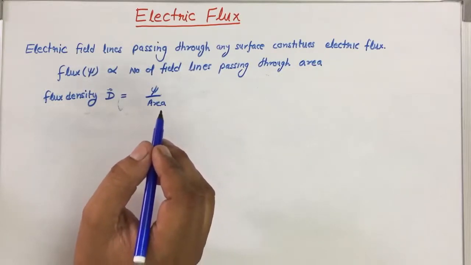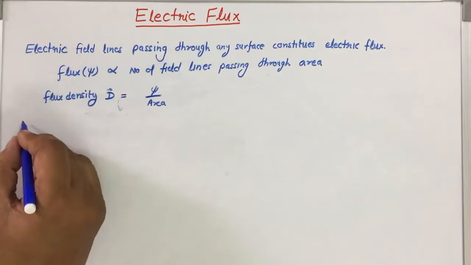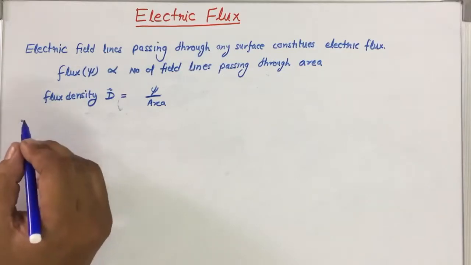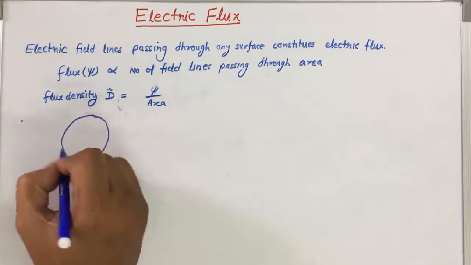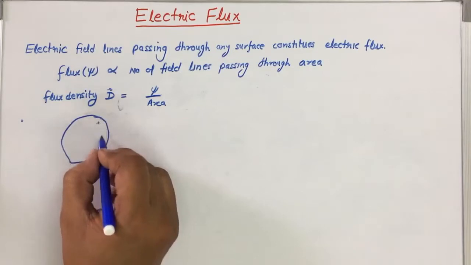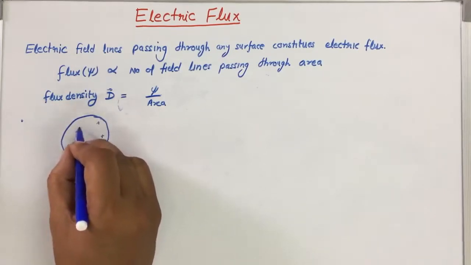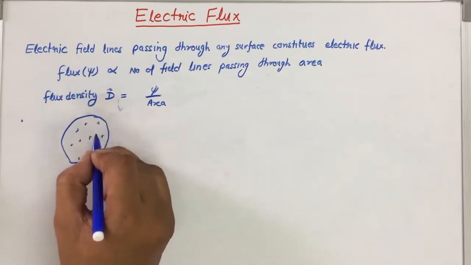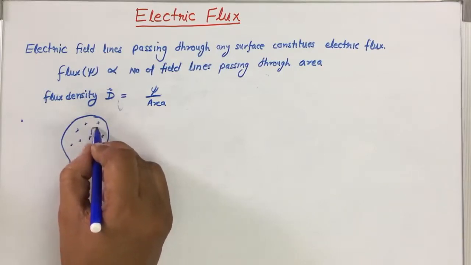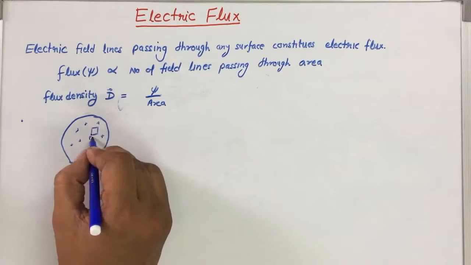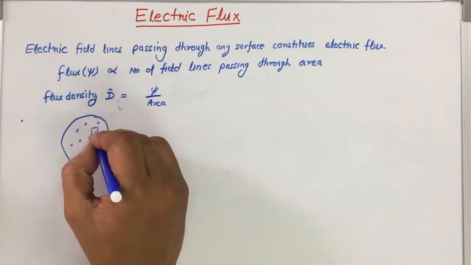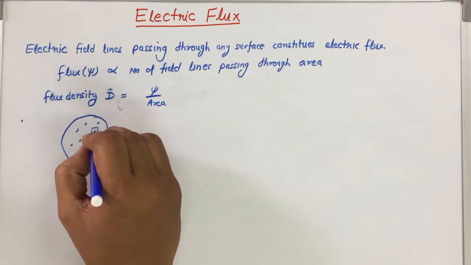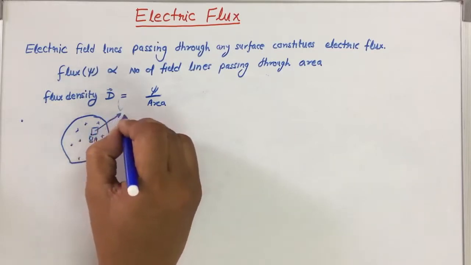Okay, there are a few things that should be remembered in the case of flux lines. For example, this is any surface with charges distributed on it, and we have considered a small area dA in it. As we know, the area vector is normal to the surface, outwards. So this is our area vector.